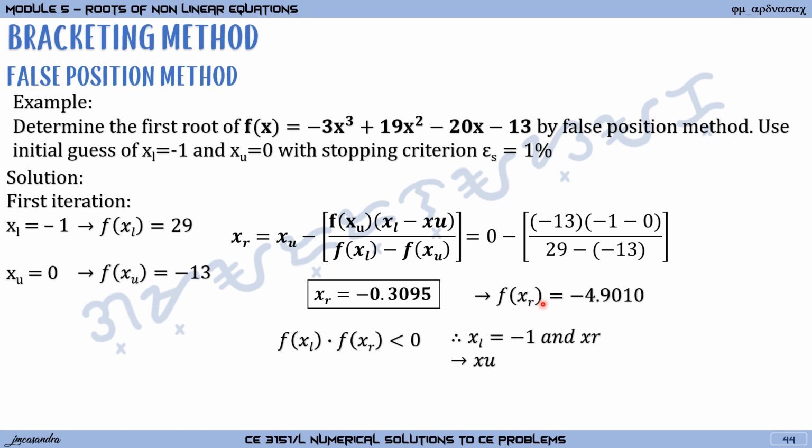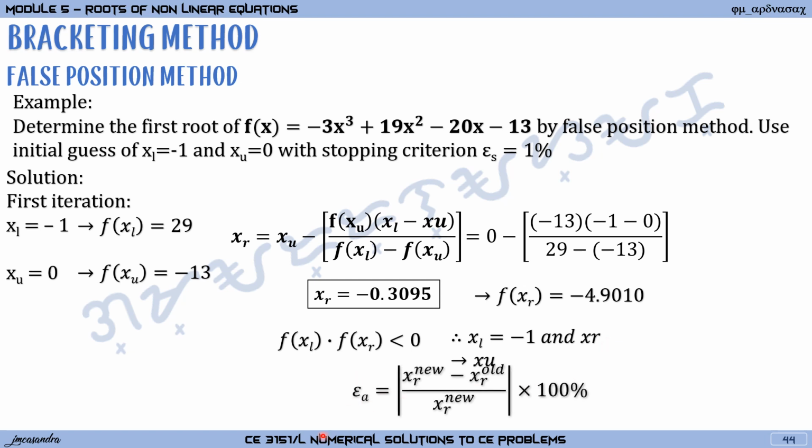Okay, so it's a negative value, meaning it is less than 0. So therefore, our new interval is XL equal to negative 1, and XR now becomes our new upper limit, or upper X value.